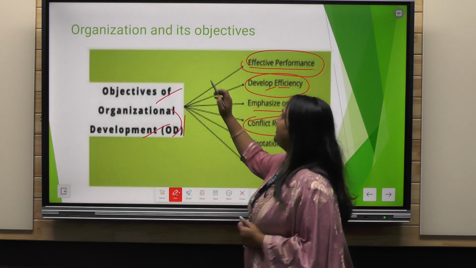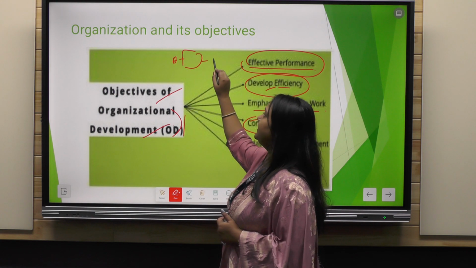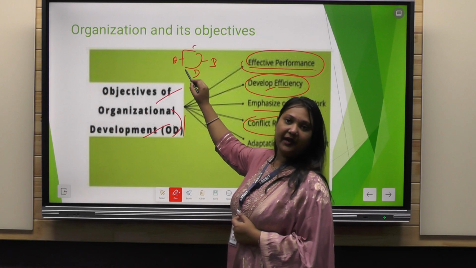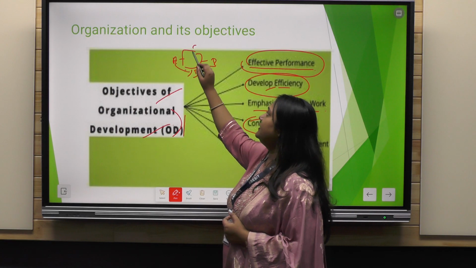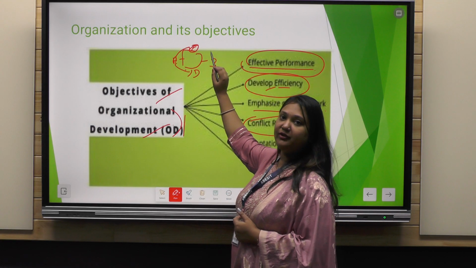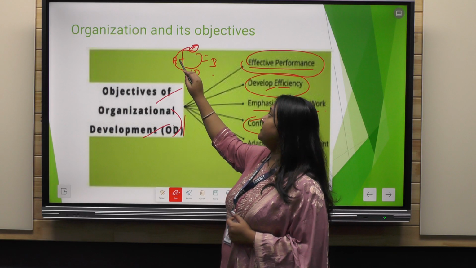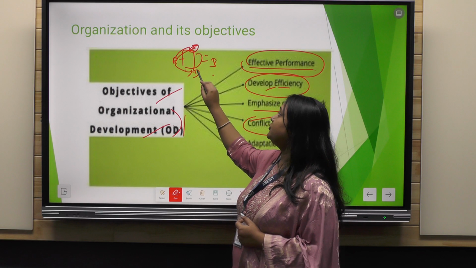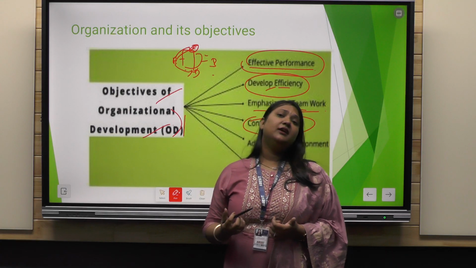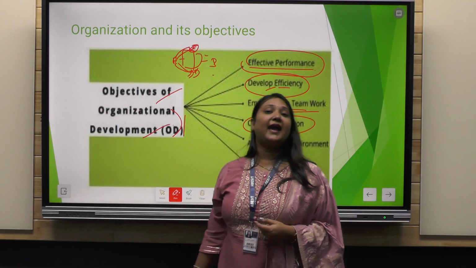When the structure is complex like this, if A is here and B is here and C is here and D is here, if A has to go to D, then he should go first to C. Like C is the boss of an organization. So in a complex structure, we have to go to C and C will inform D. This will waste time, so we can directly go to D, that is called a gangplank.